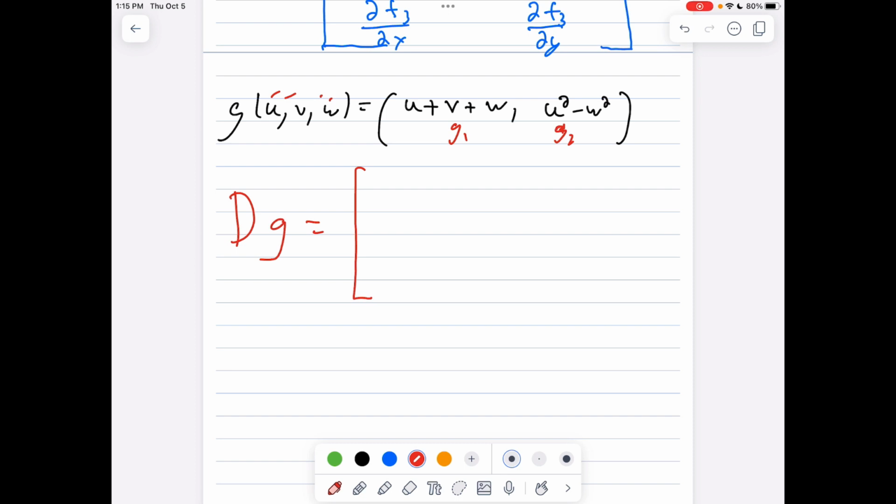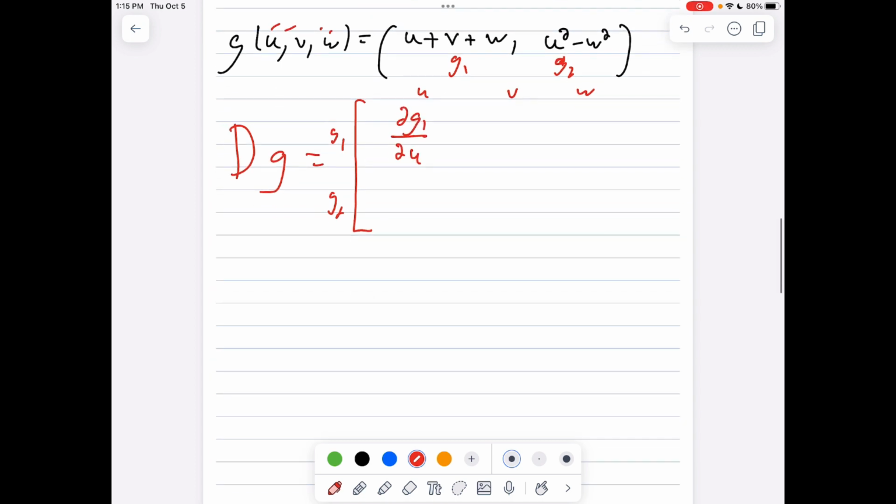So that means I'm going to have 2 rows and 3 columns. For the first column with u, this would be the partial derivative of g1 with respect to u, then the partial derivative of g2 with respect to u, going on to the v column, and then finally the w.